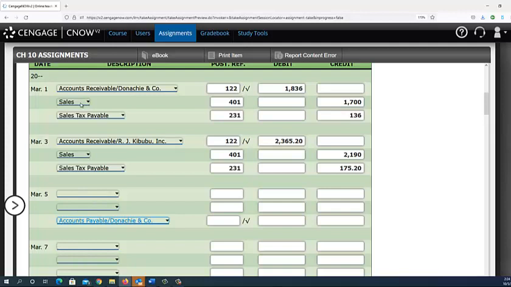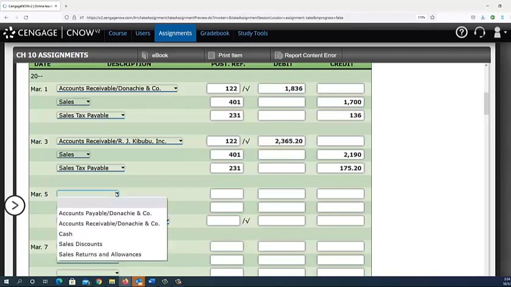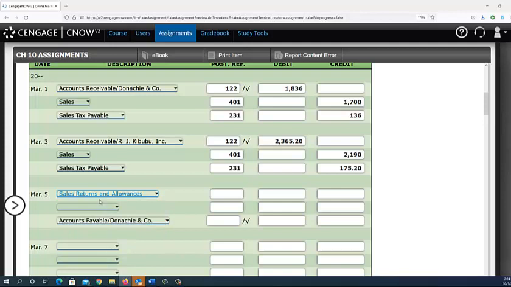In the original entry, we credited sales. So now we're going to debit sales returns and allowances. We don't want to mix any returns in with our sales. So we're going to use the sales returns and allowances account, and that'll be a debit.